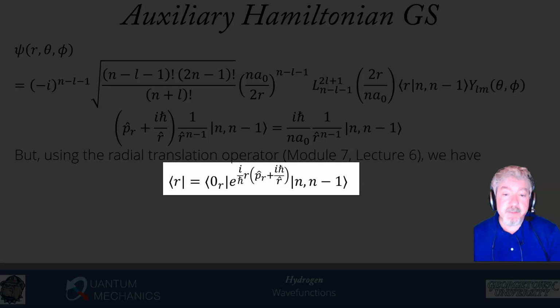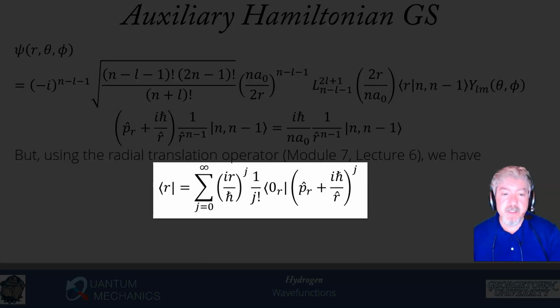We do what we typically do, and there's nothing else we can do with an exponential. We expand it in a power series. So we're going to write that as the sum j equals 0 to infinity, i r over h bar raised to the jth power, 1 over j factorial, bra 0 r, bra at the origin of r, times this operator p hat r plus i h bar over r hat to the jth power.